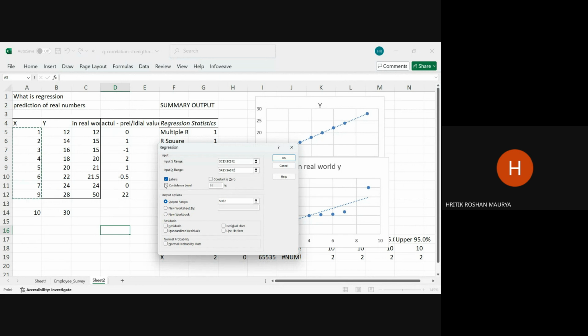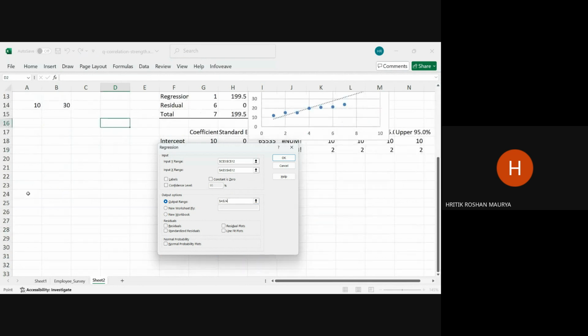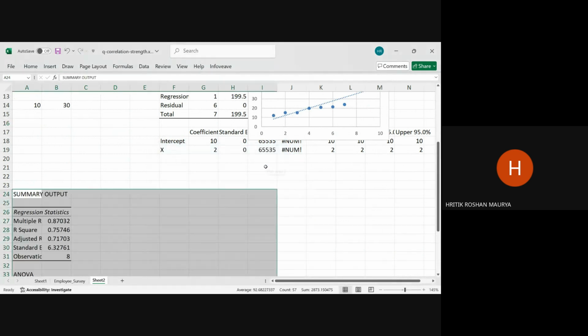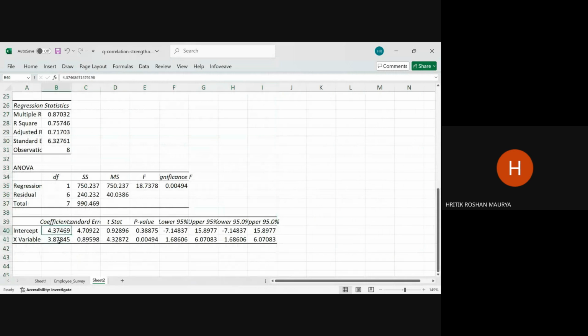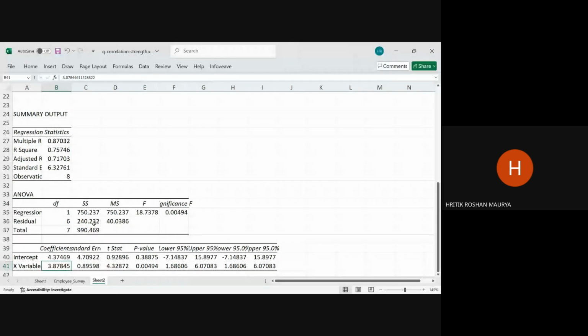I don't have labels right now, so I will remove the labels. I want the output range here at the bottom. This time the coefficient and intercept values are a little different. The x variable coefficient is a little different, and the intercept is 4.